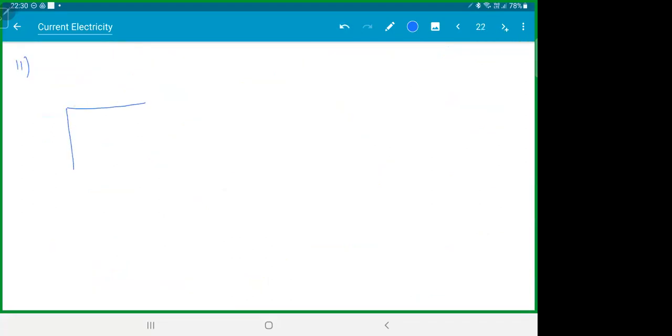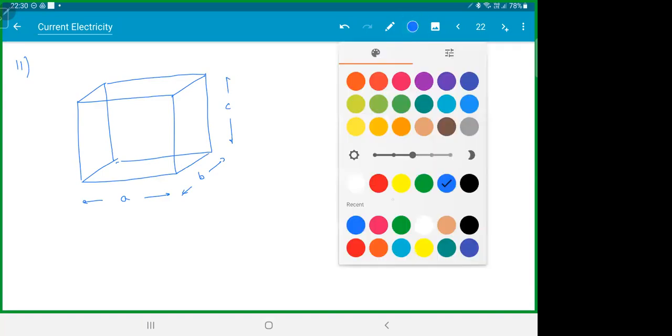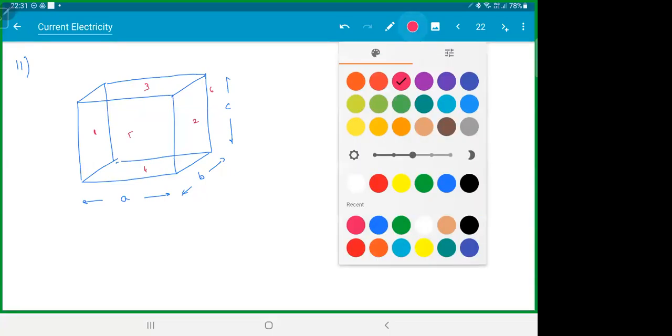Let's say we have a cuboid. This is A. This is B. And this is C. So this is phase 1, phase 2, phase 3, phase 4, phase 5, and phase 6.